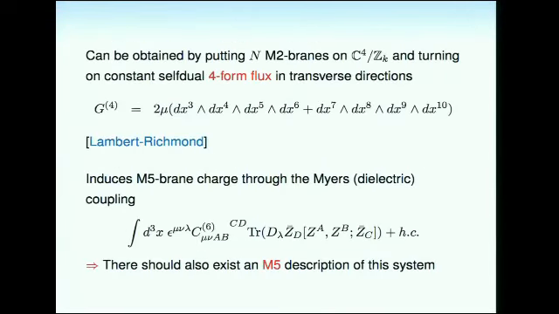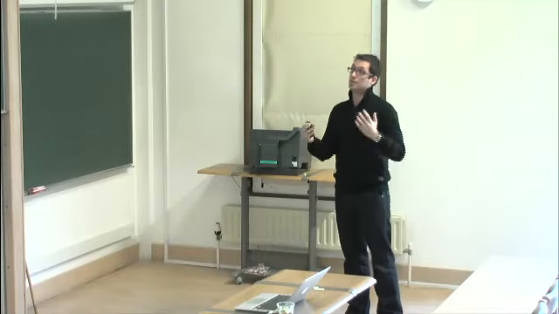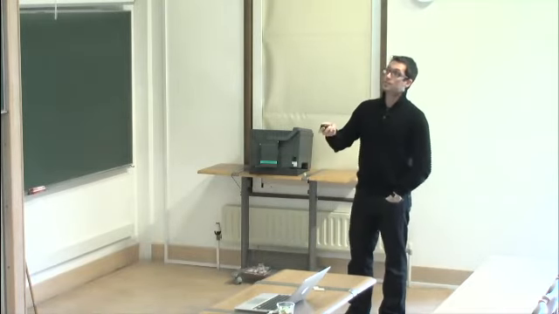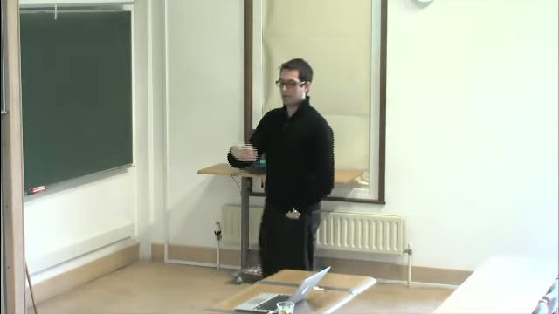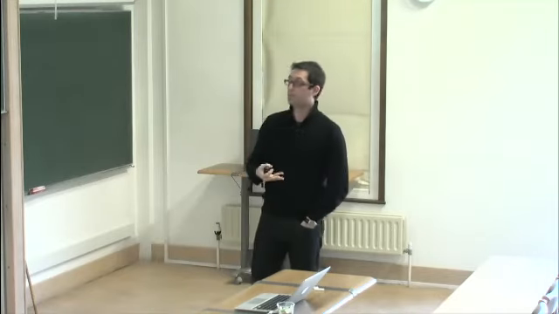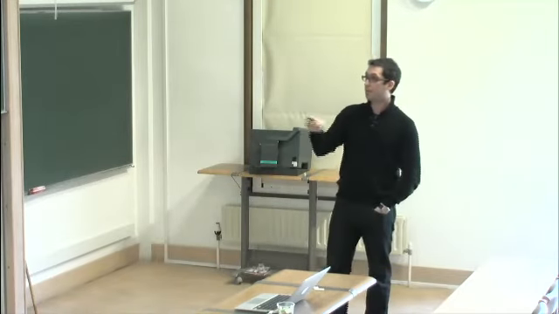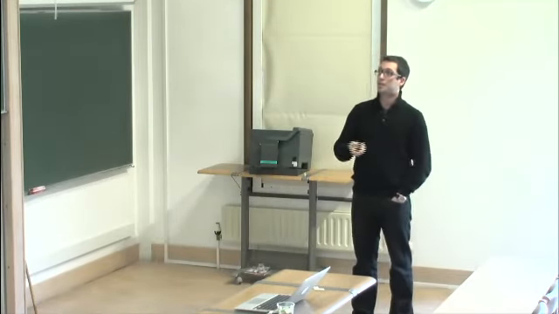Now there's another way. So initially we started with this mass-deformed ABJM theory. I just gave you the deformation of the potential, and I told you that you should take this as a de facto definition. But one can have a very nice M-theory construction of this mass-deformed theory, and this is something that Neil Lambert with his student Paul Richmond, who's also here, did.